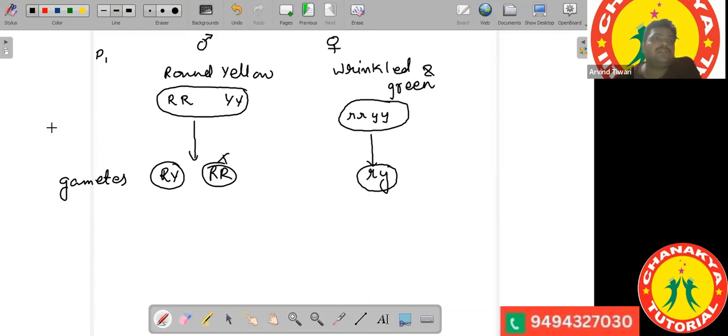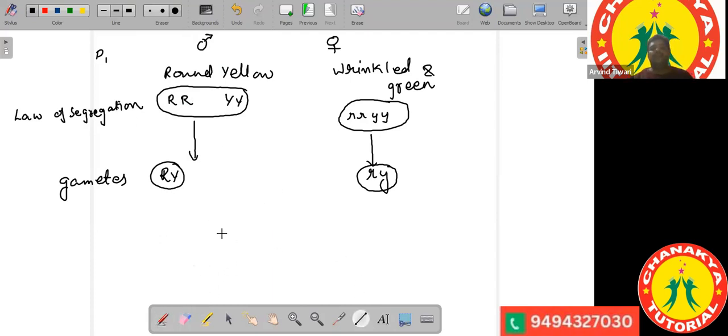So I'll give you a statement for this. This is due to Mendel's law of segregation that you obtain two different ones. That is, capital R and capital Y is possible, but capital R and capital R is not possible.